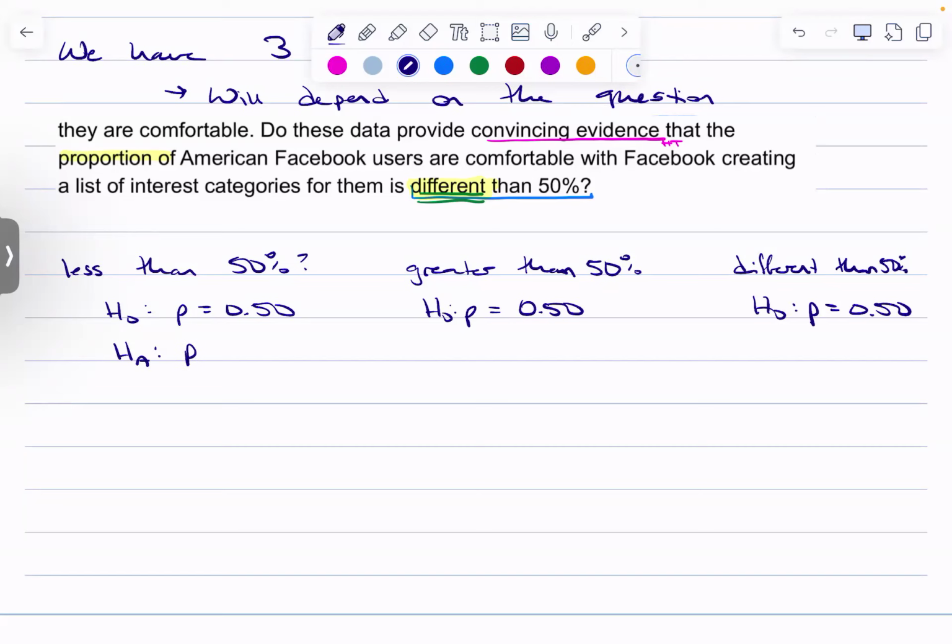If we want to prove that our sample proportion is significantly less than 0.5, right, then I want to have an alternative hypothesis that reflects that. So my P is less than 0.50. What if I want to show that it's significantly greater than 0.5?